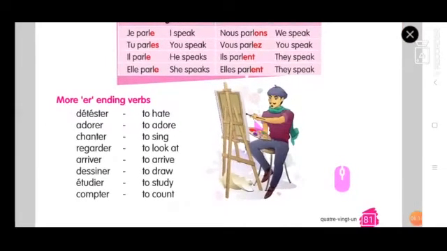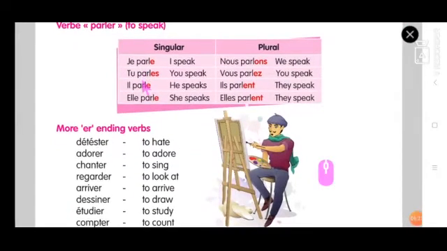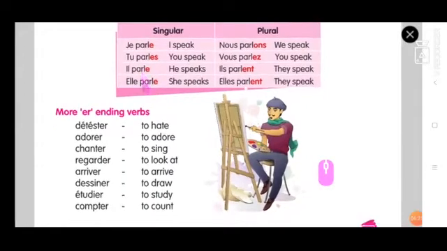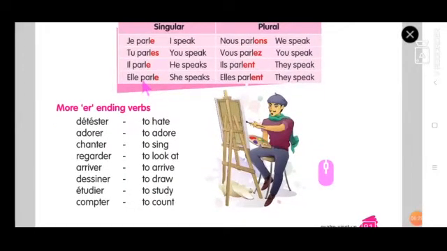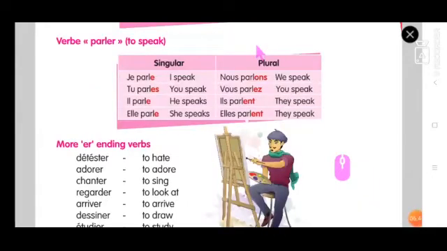Now the pronunciation. Please repeat along with me. Je parle, tu parles, il parle, elle parle, nous parlons, vous parlez, ils parlent, elles parlent.